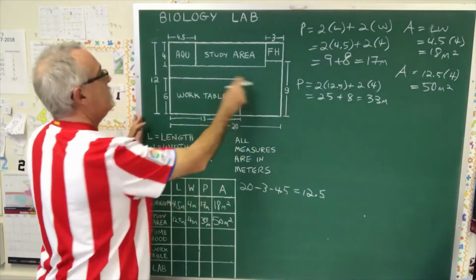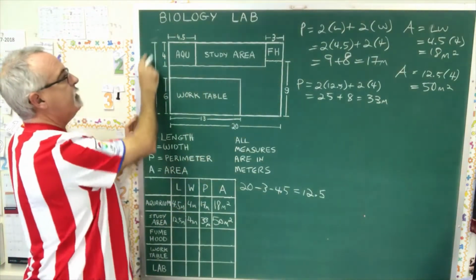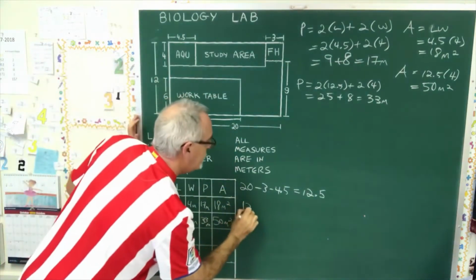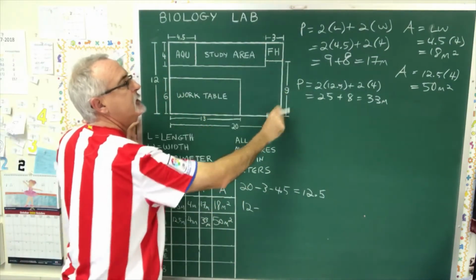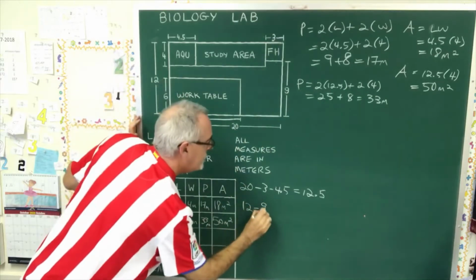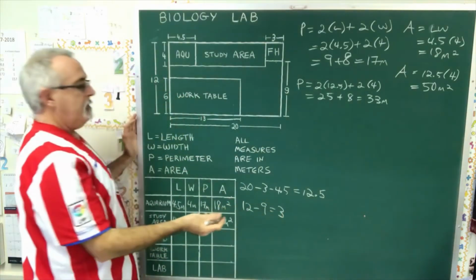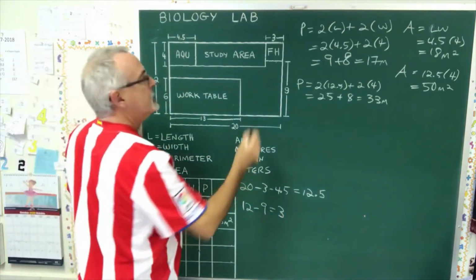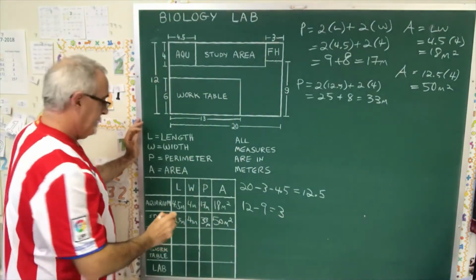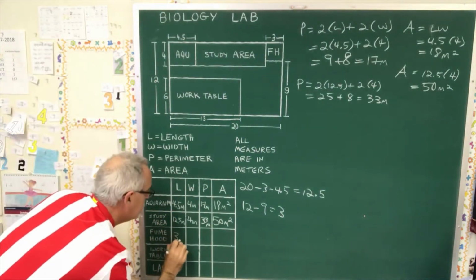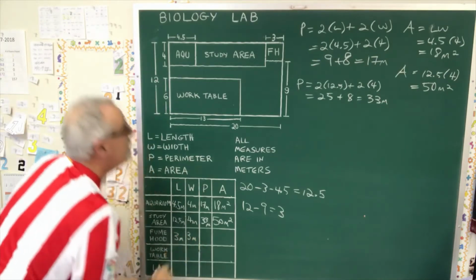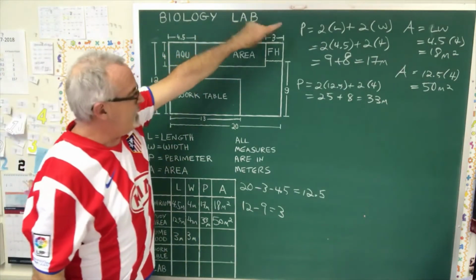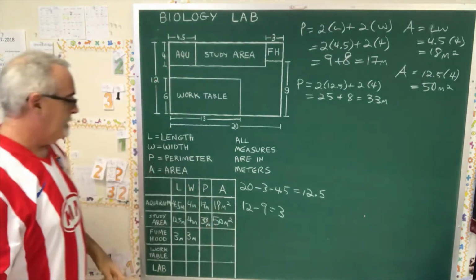So we have to reach over to here to realize the width of the entire lab is 12 and subtract the width that's given here of everything except the fume hood. And it means that the width is 3. So this turns out to be a square. We have 3 meters length, 3 meters width, with the length being given and the width being calculated.